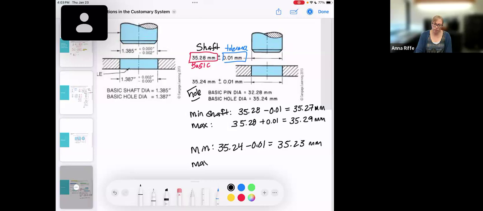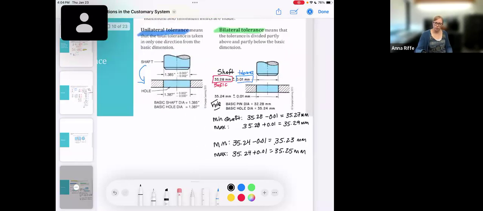And then the maximum possible size for that hole is 35.24 plus 0.01, which is 35.25 millimeters. So there's a little bit of fudge in this, a little bit of wiggle room for this to pass as acceptable. Questions on that concept so far?